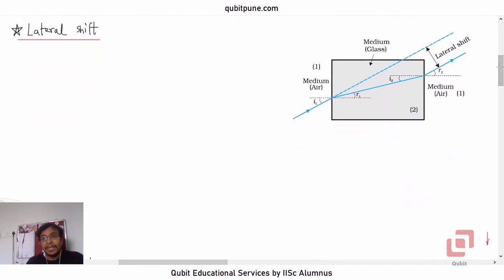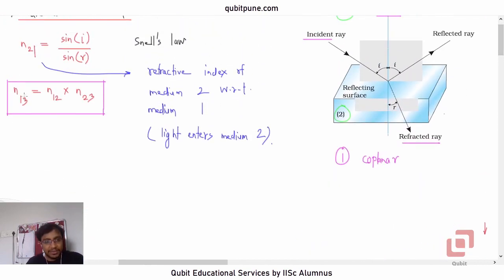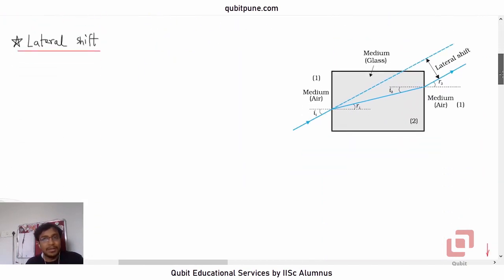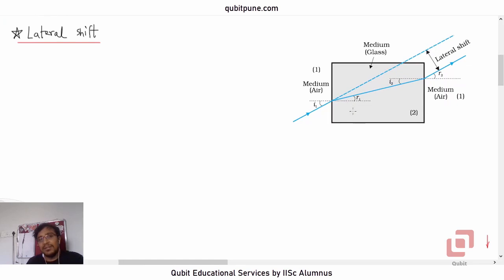Now, continuing our discussion, we observe this lateral shift. I'm not going to discuss that because you already know it. In school you have seen that if you take a rectangular paperweight-like box and look at some object through it, it appears to be shifted.